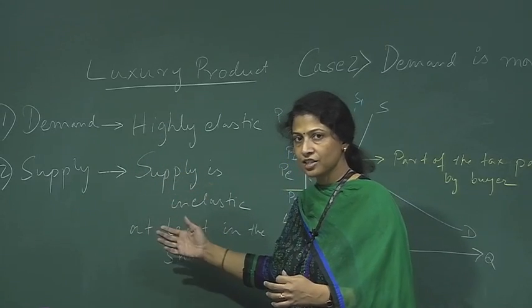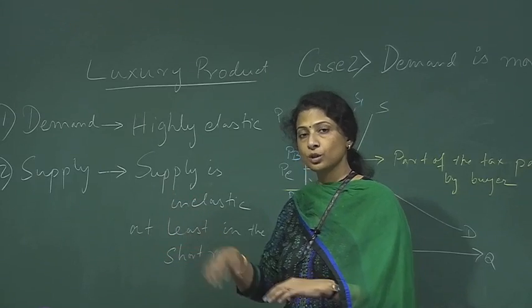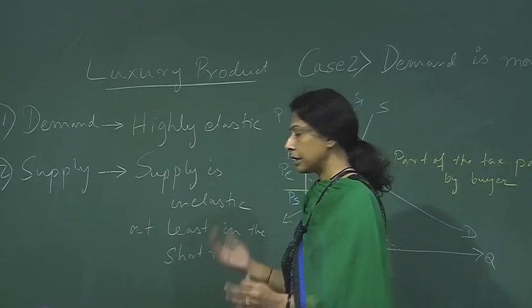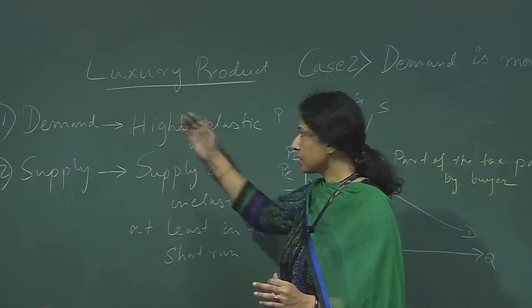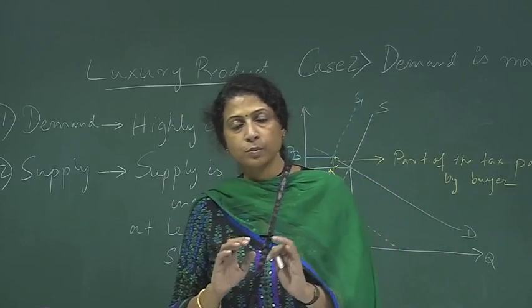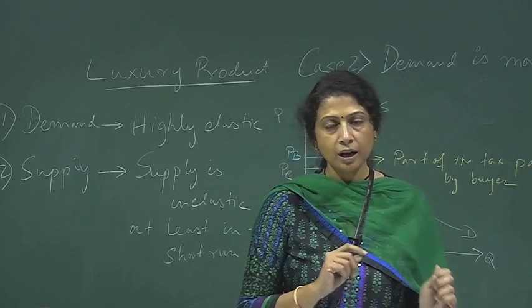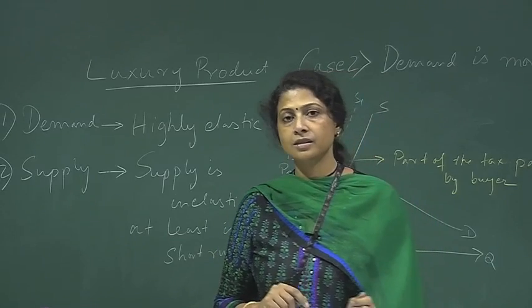So at the end of the day, it is not a very attractive proposition for the overall growth of the economy, because this is a sector, the luxury sector, again going as per our understanding of elasticity that we have been discussing since the last classes.